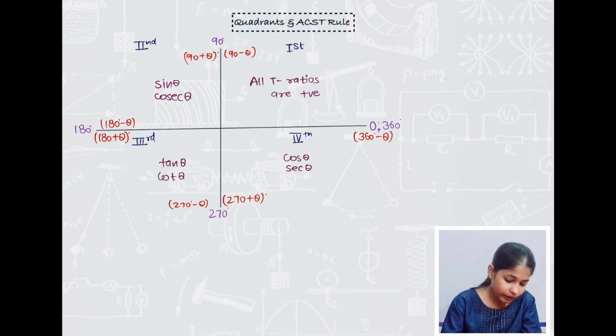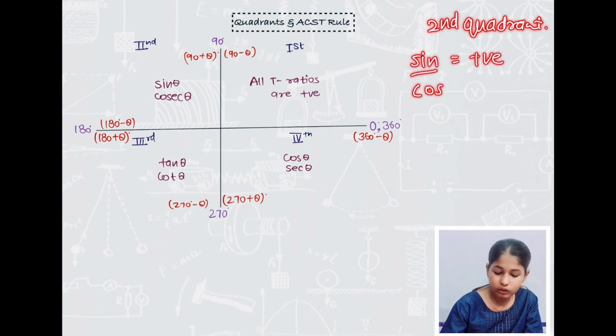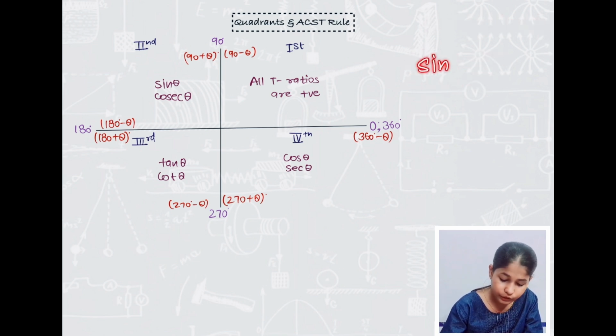Okay. So if any angle lies in the second quadrant, if the ratio is sine, then it will be positive. If it is cos, it will be negative. If the ratio is cosec, it will be positive.